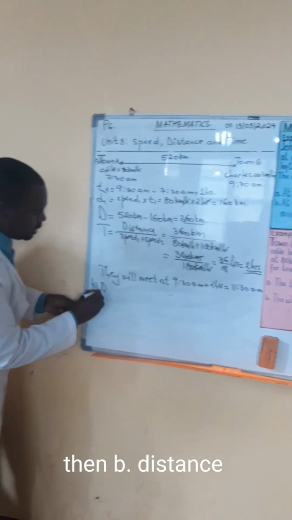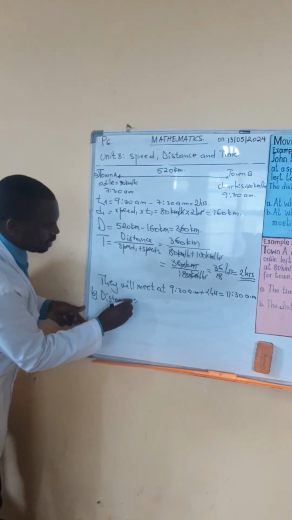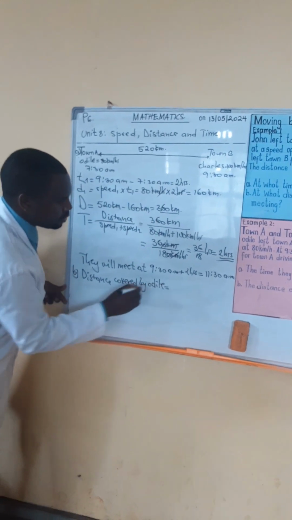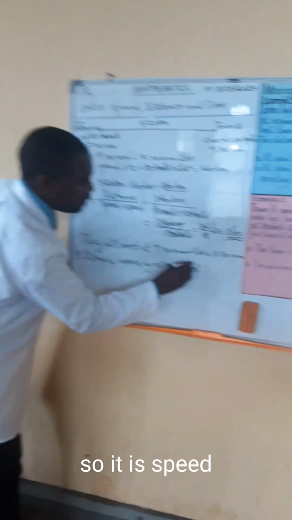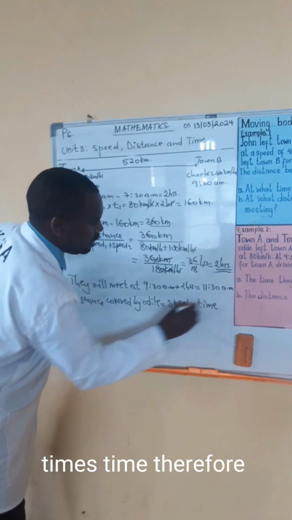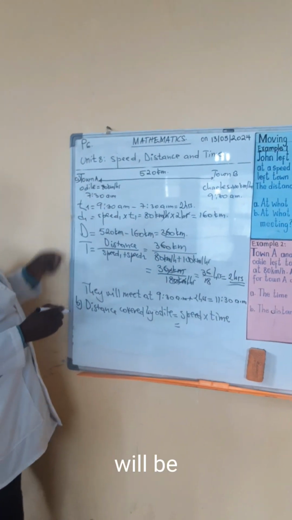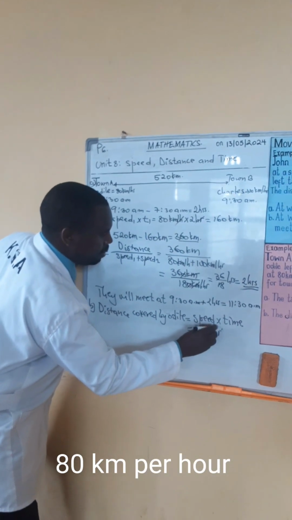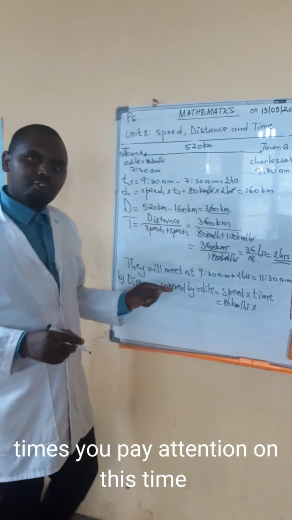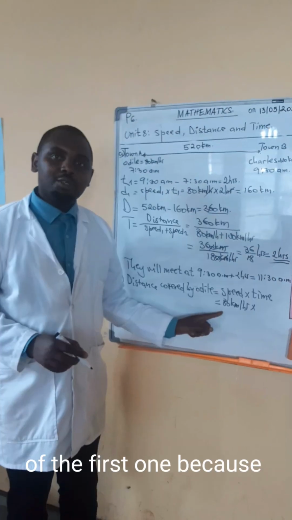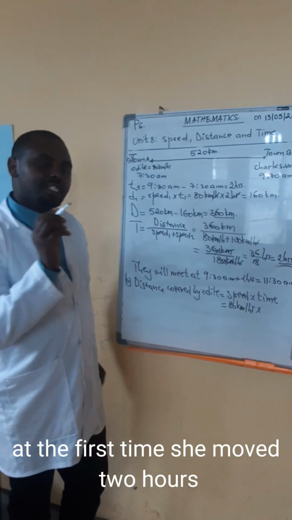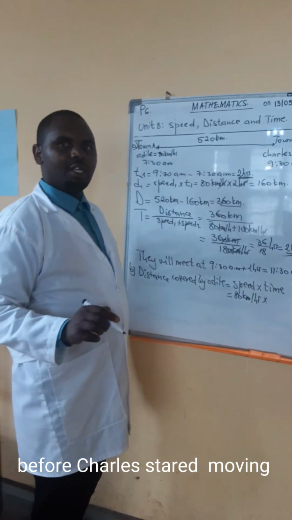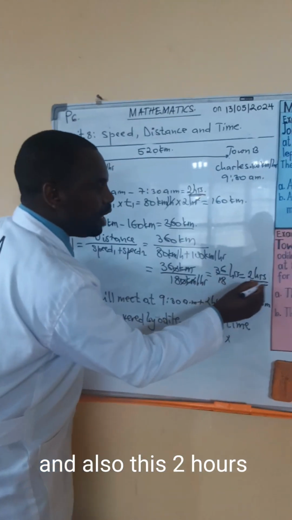Then B, distance covered by Odile. So it is speed times time. Therefore it will be 80 kilometers per hour times. You pay attention to this time of the first one, because at the first time she moved 2 hours before Charles started moving, and also these 2 hours.